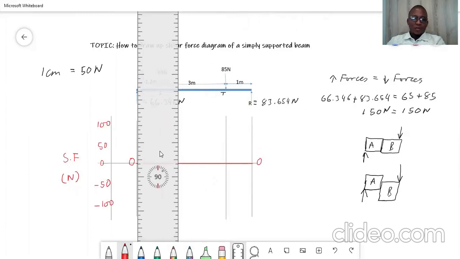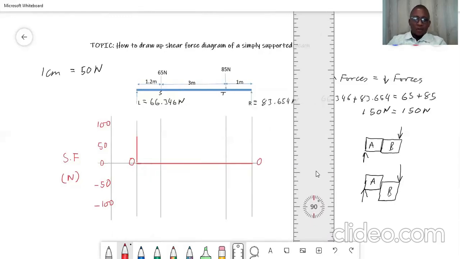So all you have to do now is press 66.346 on your calculator, and then draw the line here till 66. Please don't hesitate to write this magnitude: 66.346 newtons.